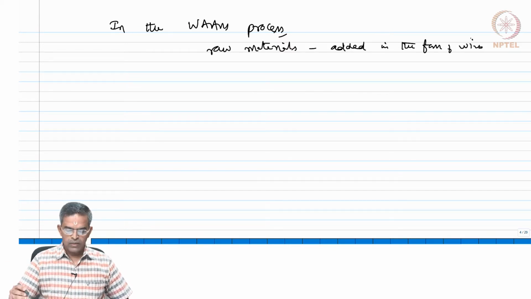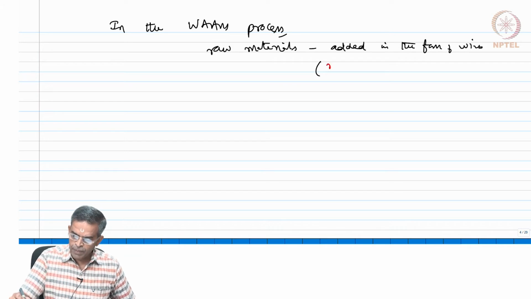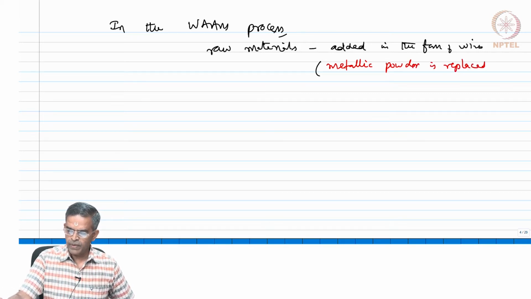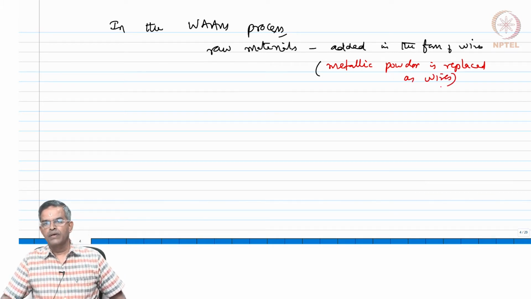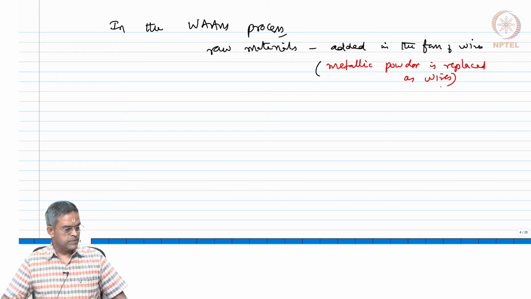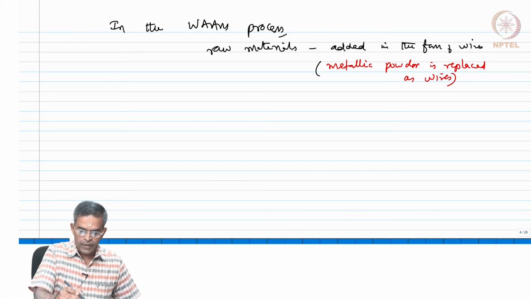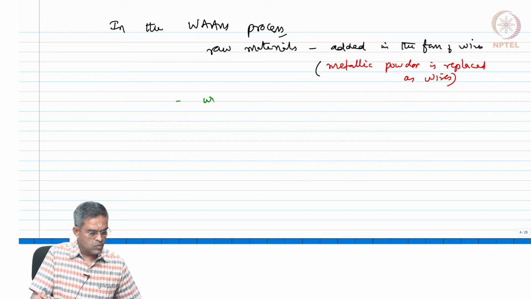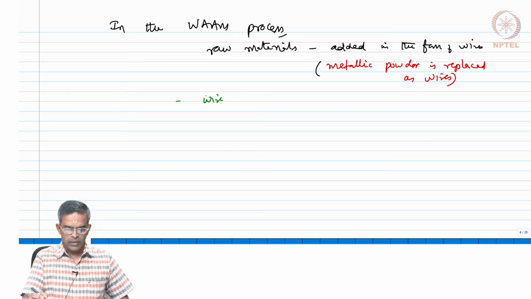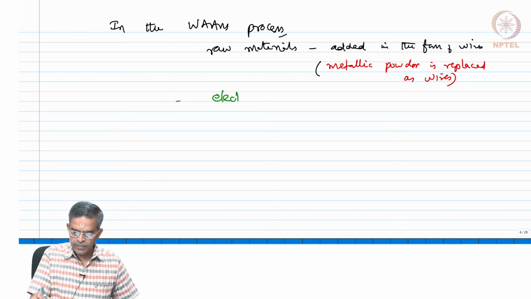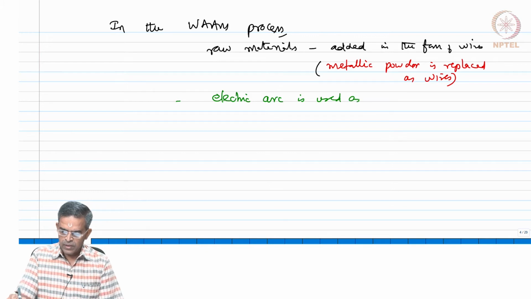So, I should say the metallic powder is replaced as wires, okay. In the metallic powder bed process, the metal powder are actually added. In this case, the raw material is added in the form of wires. And for manufacturing, electric arc is used as the heat source.